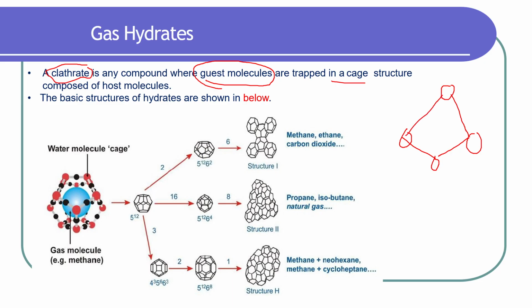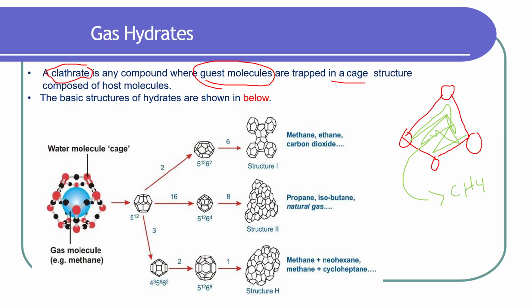So this is the cage. Again, the hydrate can be thought of as a clathrate, where you have molecules bonded to each other to form a cage, and the guest molecule, which is the gas, most probably CH4 for example, will be entrapped in this specific cage.